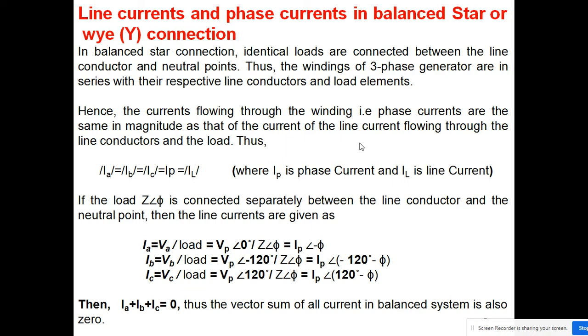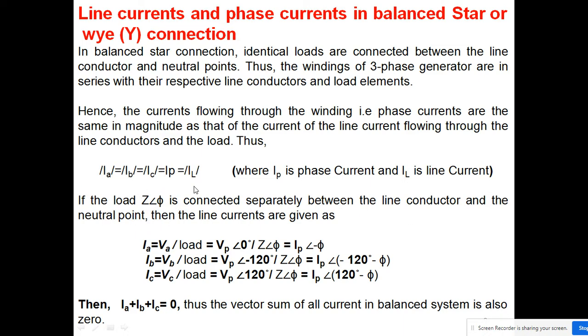It means we can write that this line current equals this line current, and this also is a line current, so all are equal to the phase current. The currents become like this. Our load is connected here, so the impedance of the load is given by this, because the load is connected between the line conductor and neutral point.